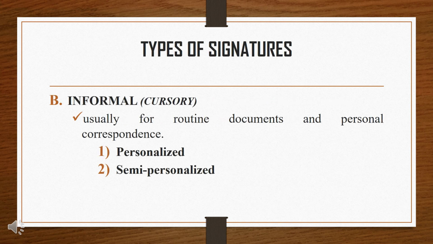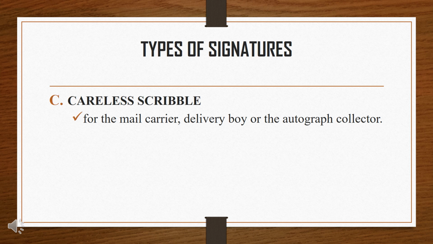Informal or cursory: usually for routine documents and personal correspondence, such as 1. Personalized, 2. Semi-personalized. Careless scribble: for the mail carrier, delivery boy, or the autograph collector.